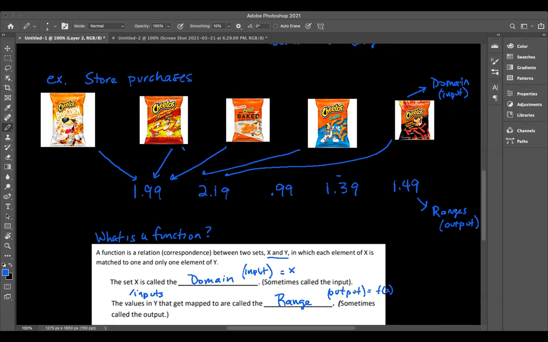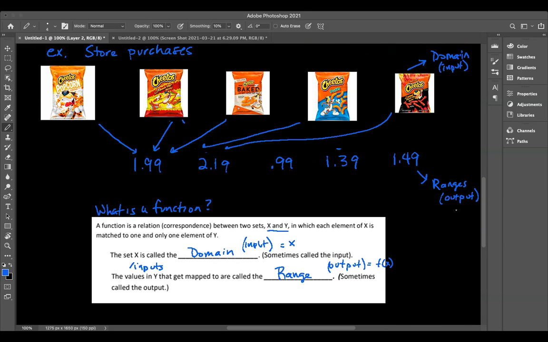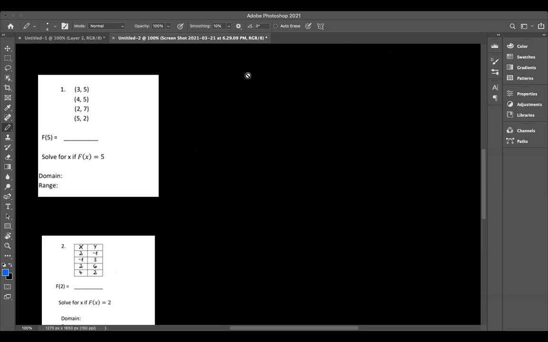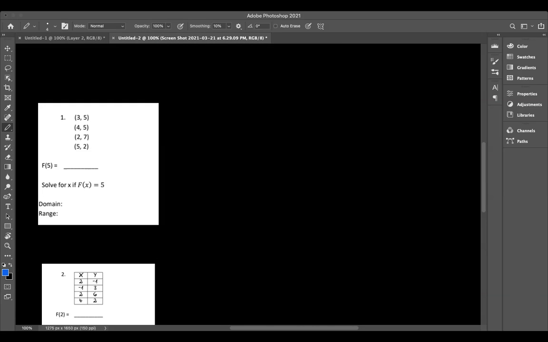So let's try some problems, so see if we can kind of get an understanding of how this goes. All right, so we'll move to the next page. We add a layer so we can make sure we can write on it. Keep forgetting to do that. So what we're going to do here is determine if this set or output table is a function.